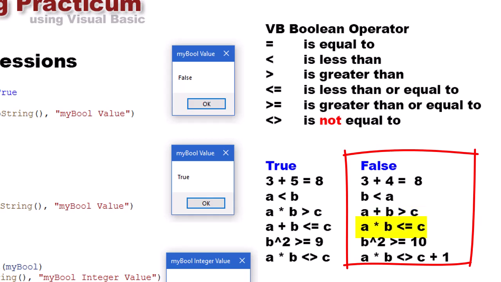A times B, 6, is not less than or equal to 5, which is the value of C. B squared, 3 squared is 9, and that's not greater than or equal to 10. And then finally, A times B is 6, is not equal to C plus 1, 5 plus 1. 6 not equal to 6 is a false expression.